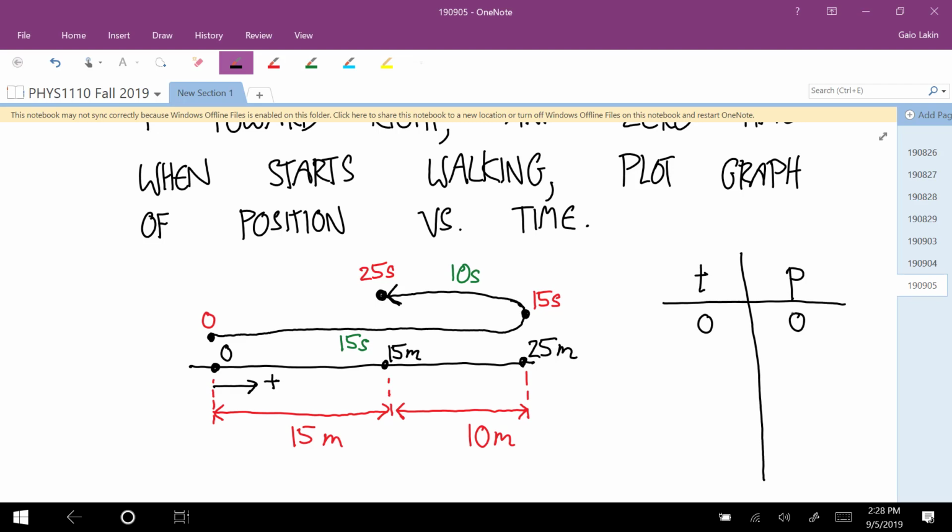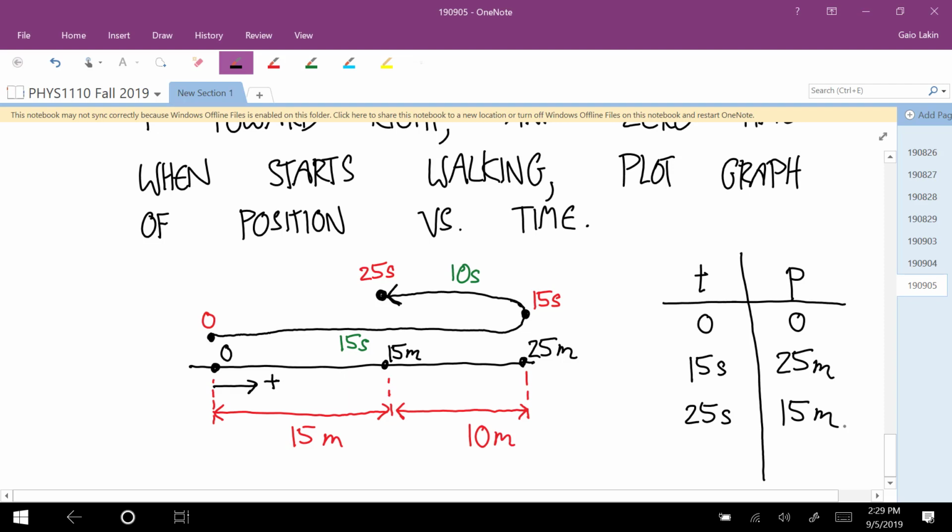We don't know anything about what happens when the person goes by the fire hydrant, so we don't know anything else until we get all the way to the car. But when we get to the car, we know the time is 15 seconds. And we know the position is 25 meters. And then the last thing we know is that when the time is 25 seconds, the position is, what's the position there, that last instant? Back to 15, that's right.